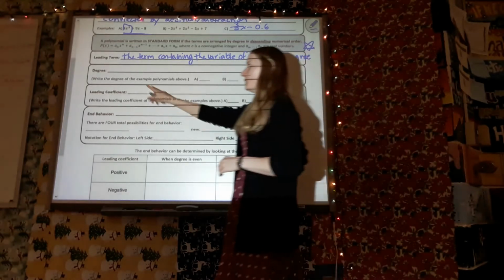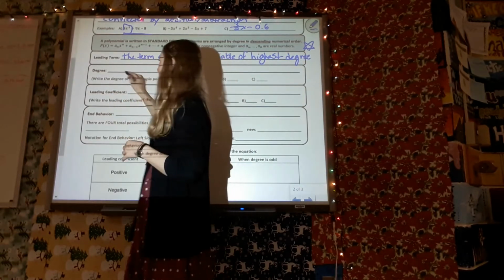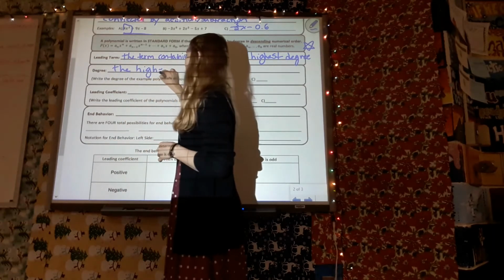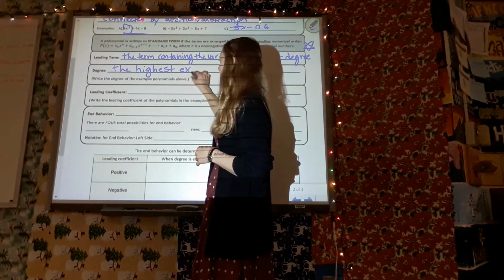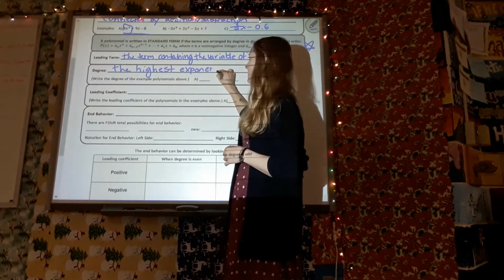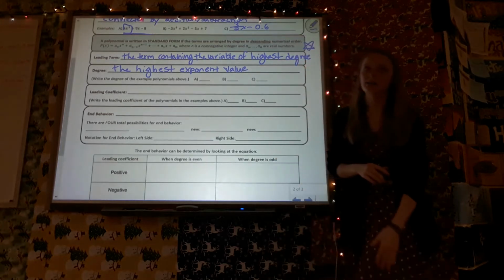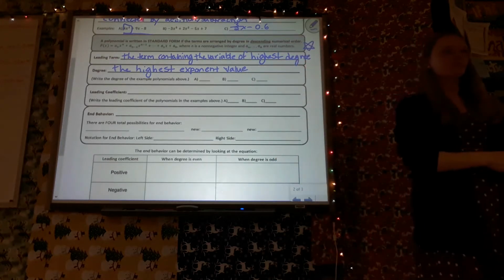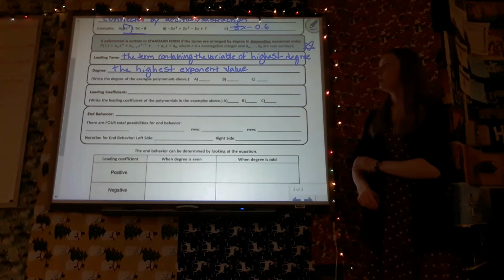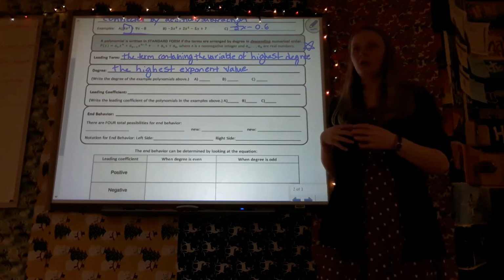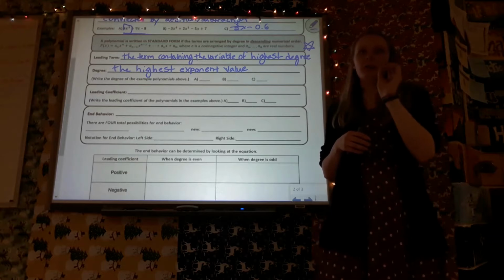Alright, so the degree of your entire function is the highest exponent value. So if I ask you to write the degree of an expression or function, all you have to do is find the biggest exponent and that's it.